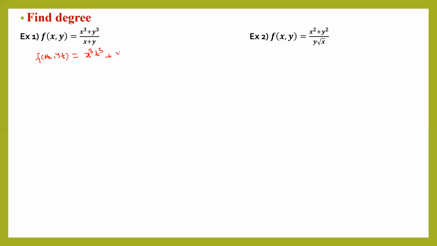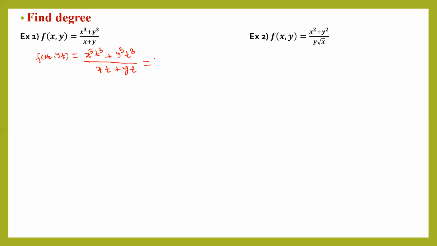Let's solve some more examples. Let's find the degree of this function. If we have a function in this form and we have to find its degree, then what to do is replace x by xt, y by yt. Replacing x by xt, y by yt, this is x cubed t cubed, this is y cubed t cubed, and in the denominator again xt plus yt.